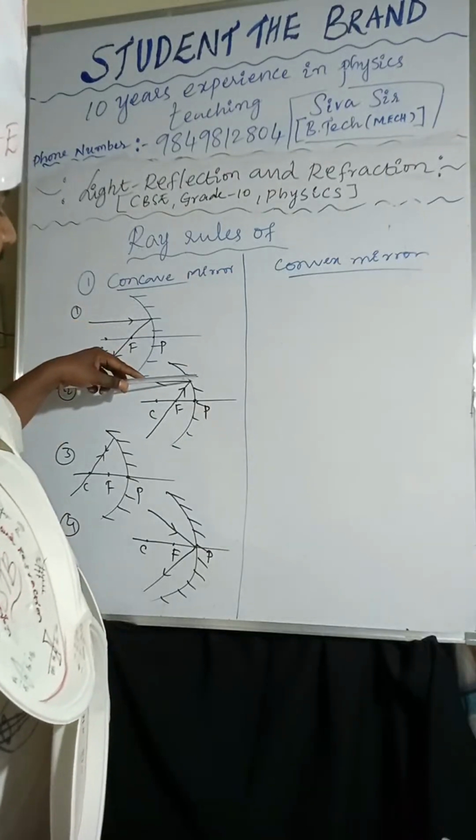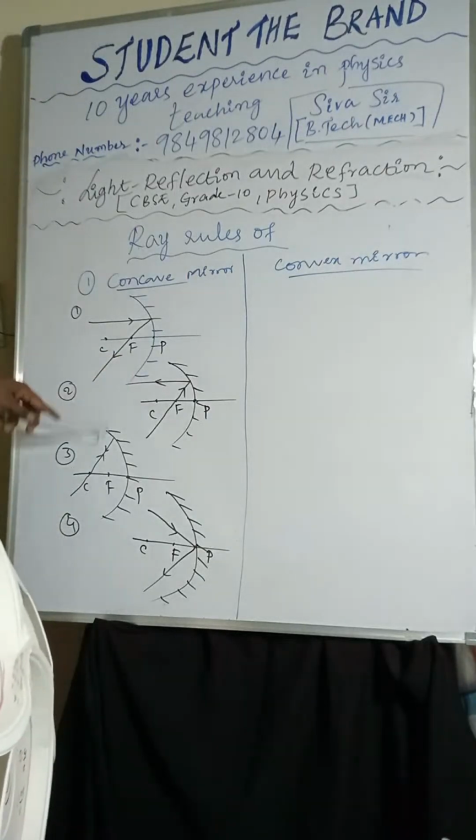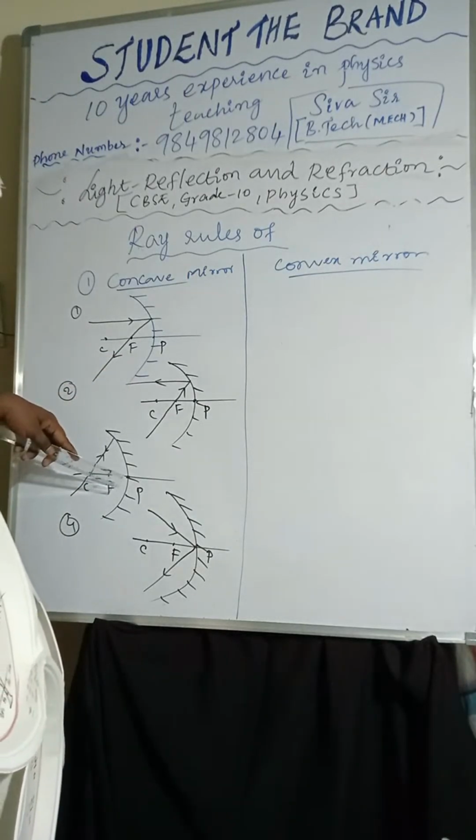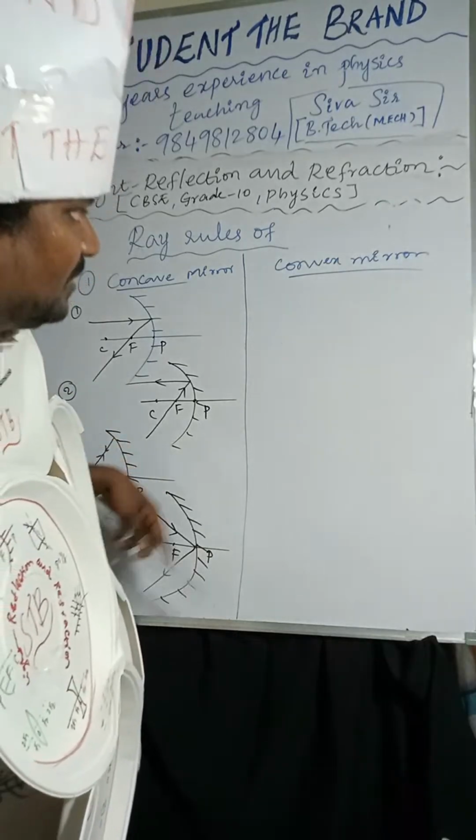If the light ray is passing through the focus, after reflection it moves towards infinity. If the light ray is passing through the center of curvature, it returns along its original path. If the light ray is incident at the pole, it will reflect back.